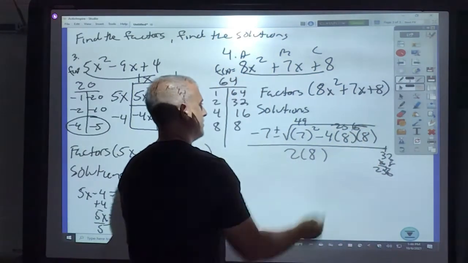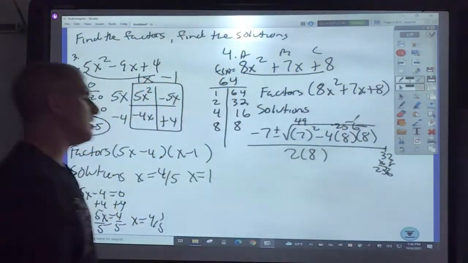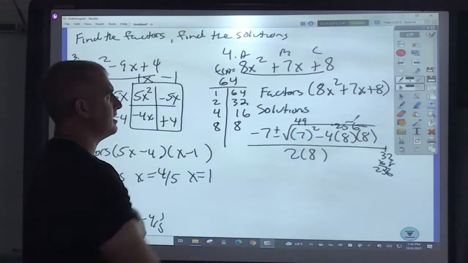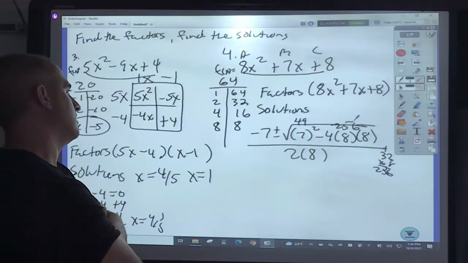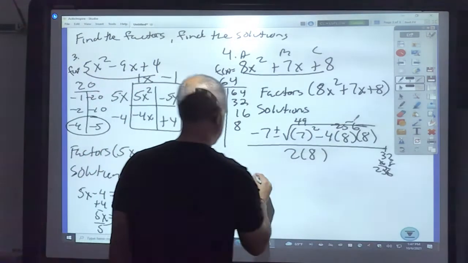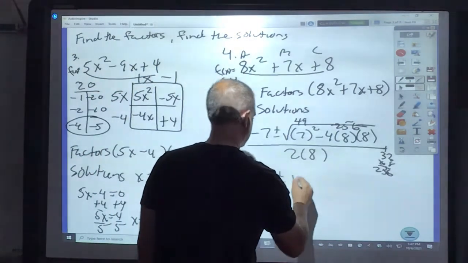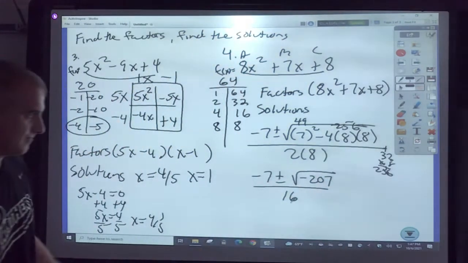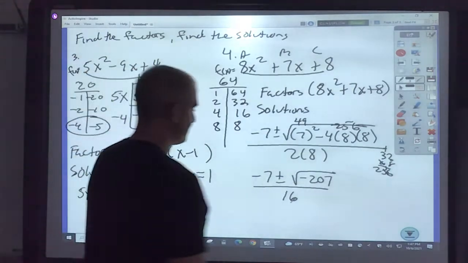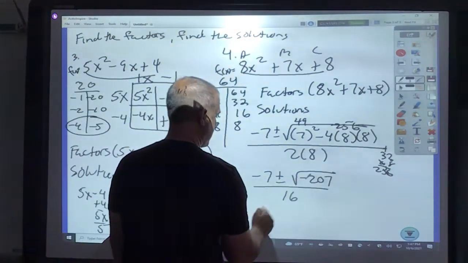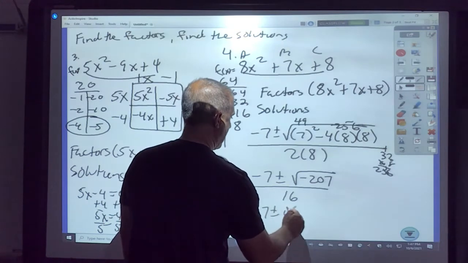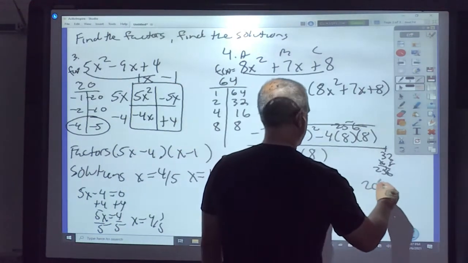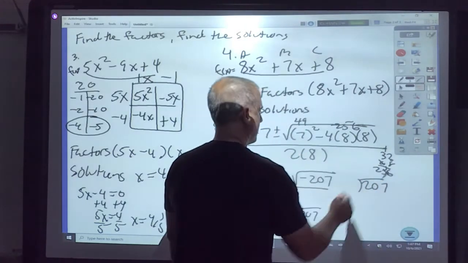So if I subtract that, 49 minus 256, I want to say negative 207, all over 16. Now, since I have this negative, I have to take an i out of there. 207, I don't think that that's divisible by 9.